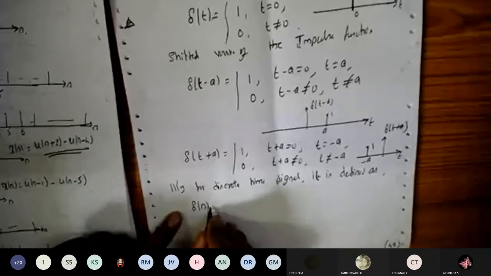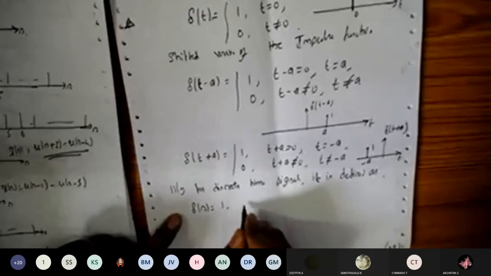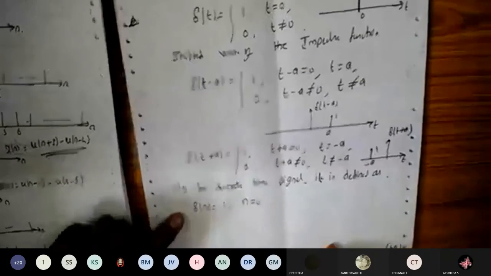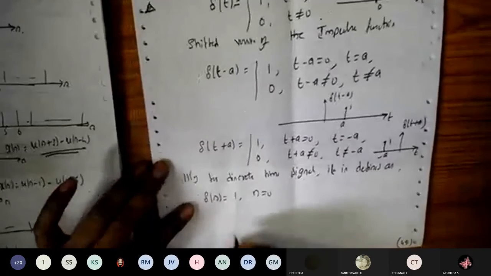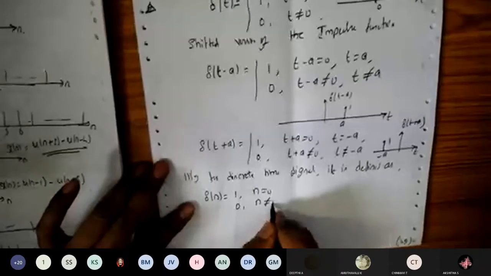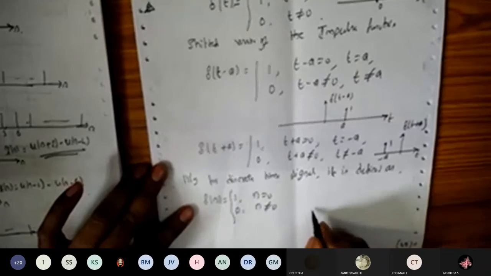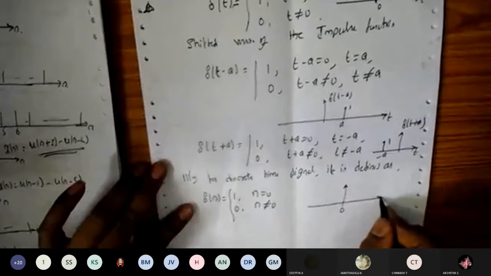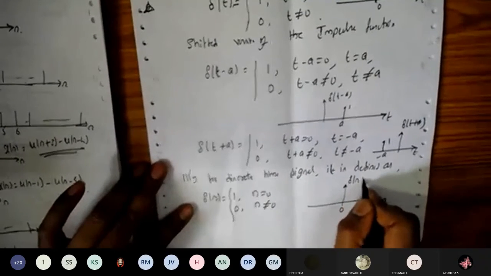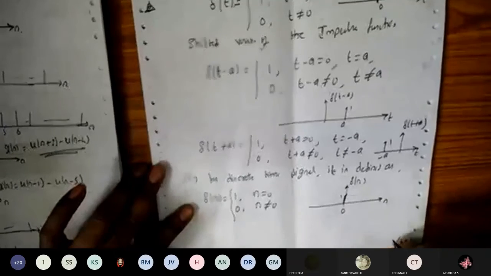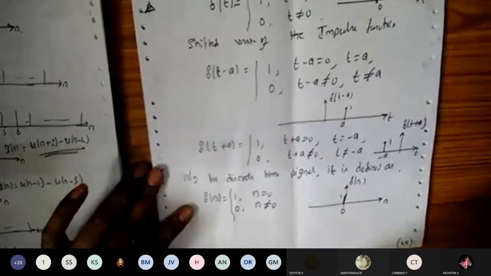Delta of n is equal to 1 for n equal to 0, instead of t, we get 1 here. That's it, nothing else. And 0 for n not equal to 0. So at n equal to 0, delta of n has the value 1, and elsewhere it has the value 0.